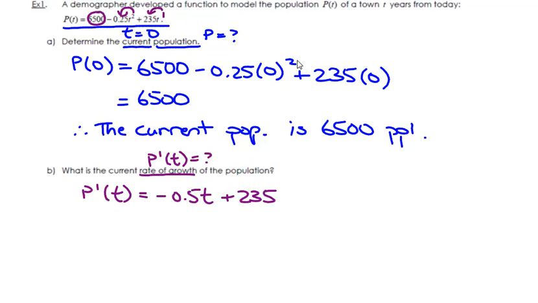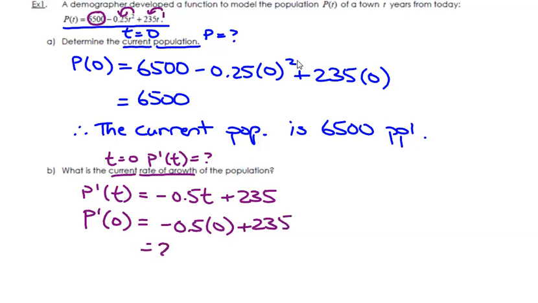Now, they didn't ask for just a function. They want to know what is the current growth rate. Again, that word current means when time is 0. So the growth rate right now is when I put 0 into my t, and I get 235. That means I'm going to put a therefore statement.